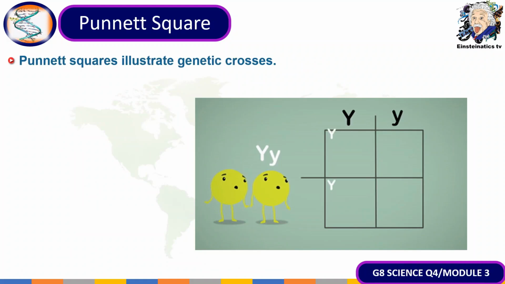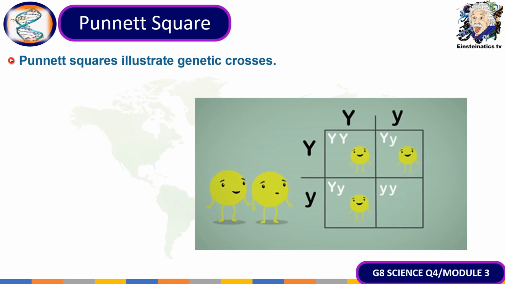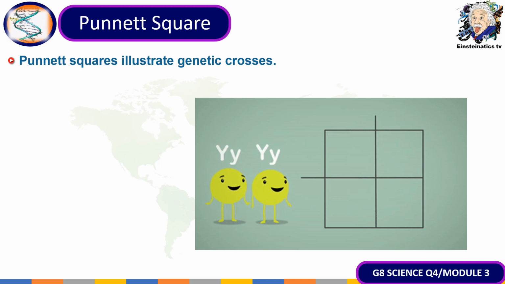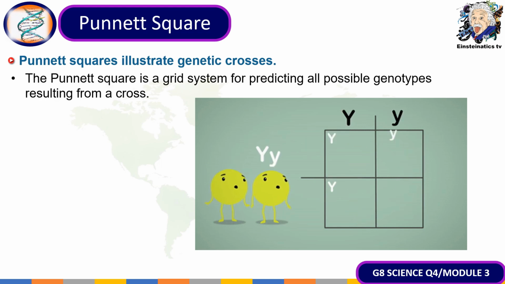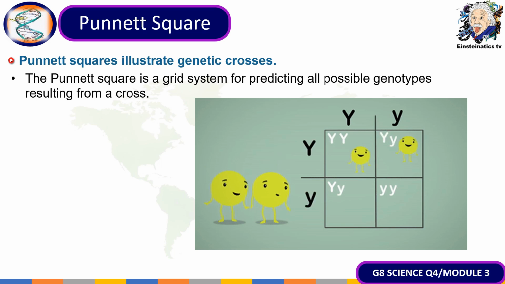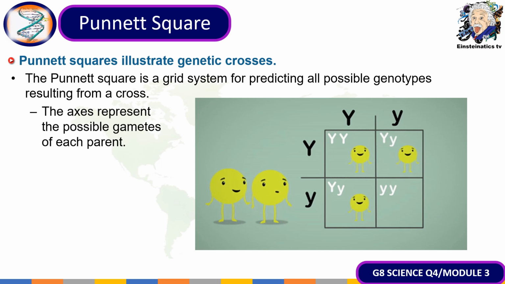Now, let us explore the concepts about Punnett square. Now, you might be wondering, ano nga ba yung purpose of using the Punnett square? Punnett squares is used to illustrate genetic crosses. And based on the picture, Punnett square is a grid system for predicting all possible genotypes resulting from a cross.